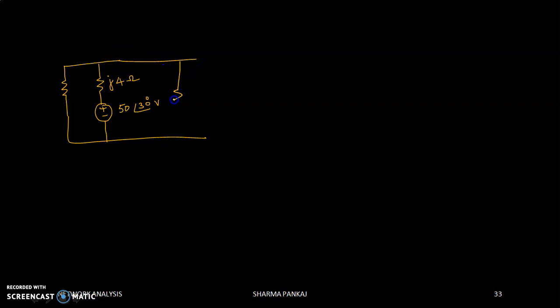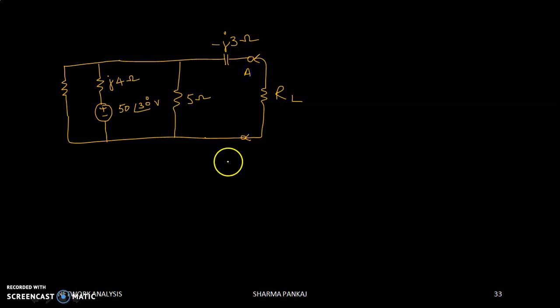This is 5 ohm. This is a capacitor of value minus J3 ohm, and these are the terminals through which the load resistor RL is connected. Let us say this is A and this is B. This resistor is 3 ohm.